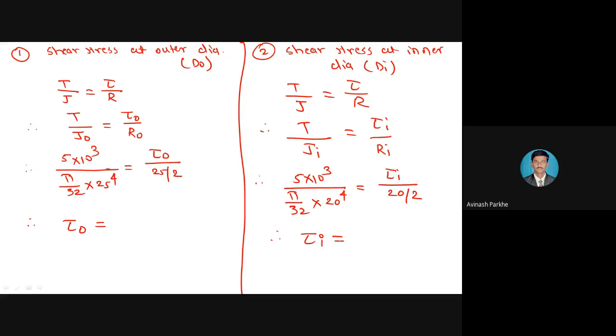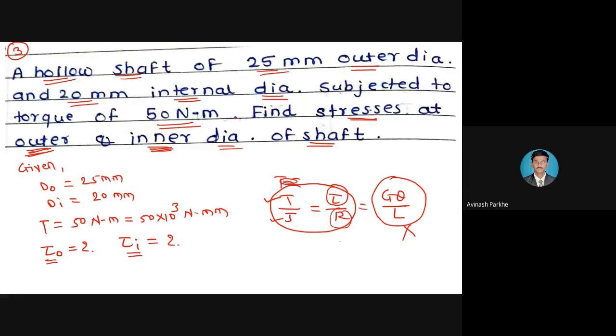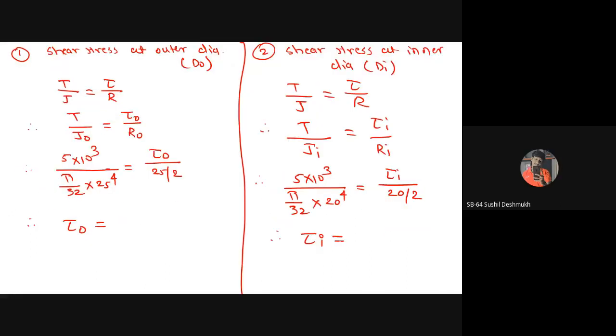Tell me the answers now. A student asks whether 5 into 10 raised to 3 should be 50 into 10 raised to 3. Yes, the torque is 50 into 10 raised to 3. Do the calculations properly.